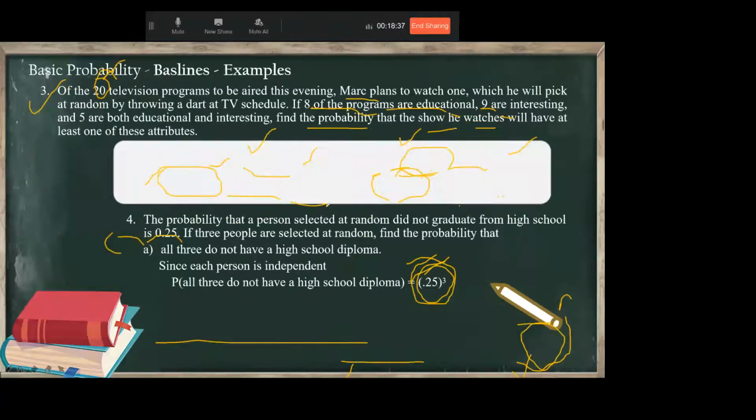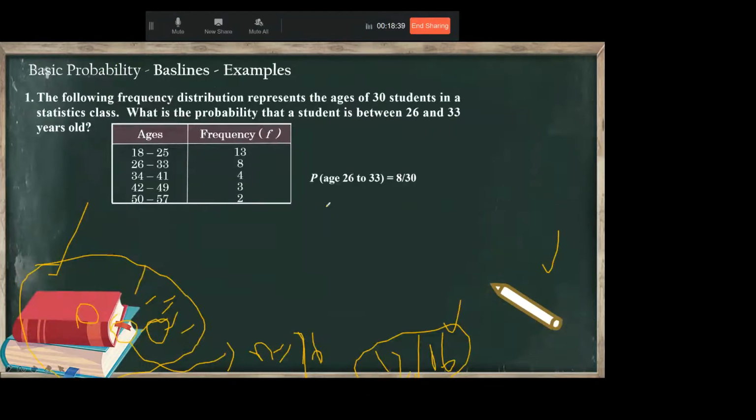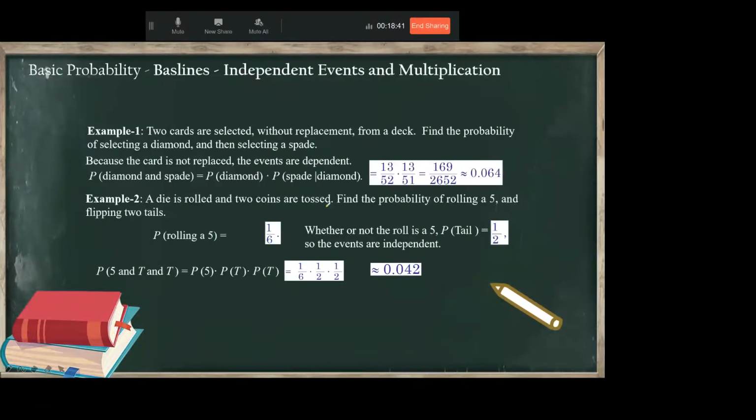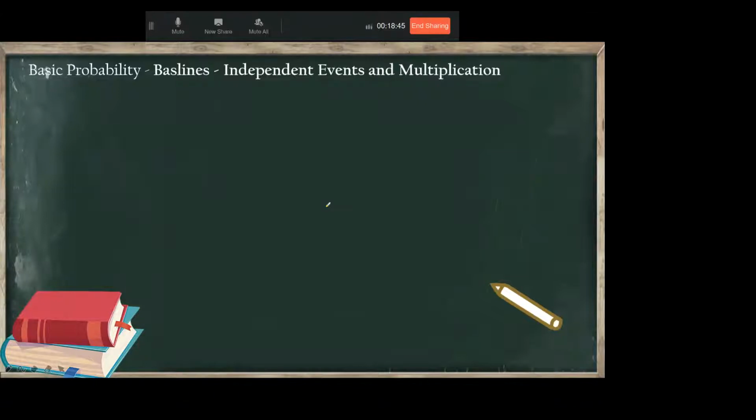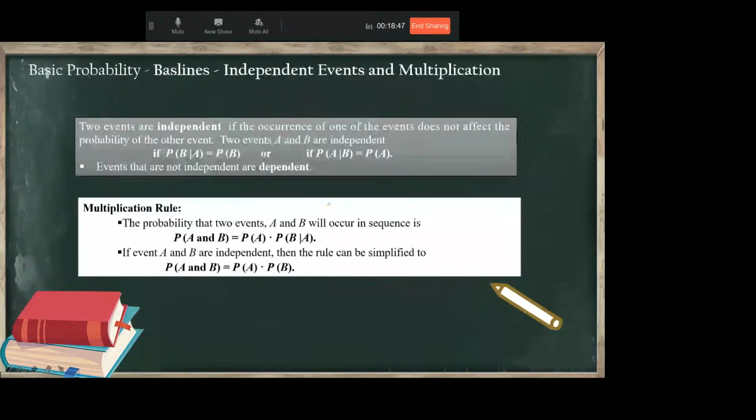I don't know if you have remembered this one or not, but you have to. You must keep in mind this conditional multiplication rule. The probability of two events, A and B, occurring in a sequence. So here there was a sequence.